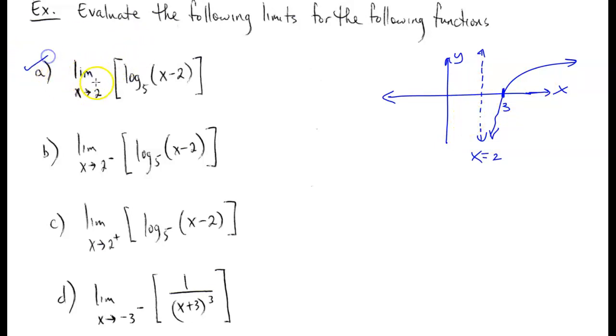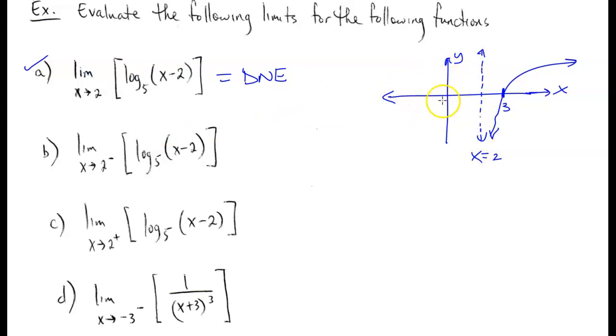So for A, this is asking what is the limit, or what is the behavior, of this function as x approaches 2 from both the right and the left of x equals 2. Okay. Now, the answer to this question is just does not exist. Why is that? Because we don't have a plus or a minus in the exponent here, we're looking at this as a two-sided limit, meaning we're trying to study behavior from both the left and the right of our value x equals 2.